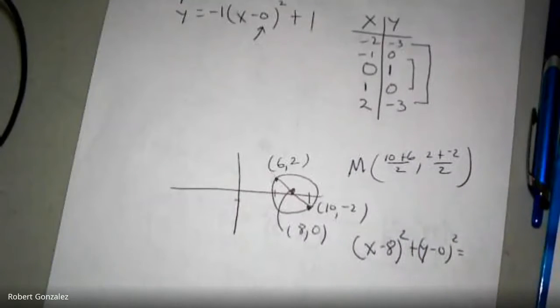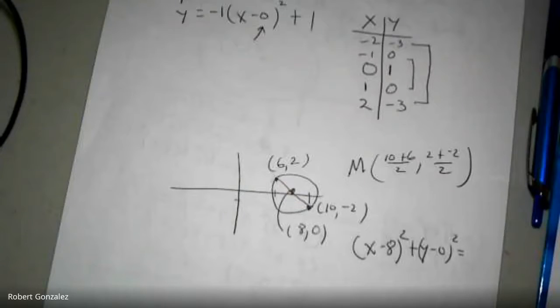I have to find the radius now. How do we find the radius? You can type it in the chat box if you want. How do we find the radius? How about Kylie?